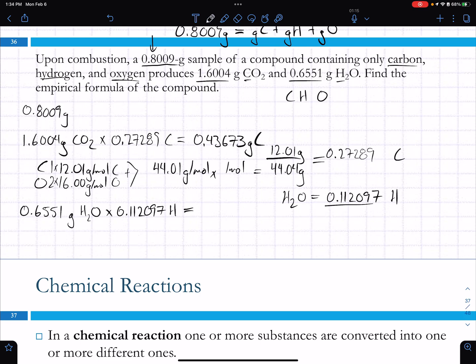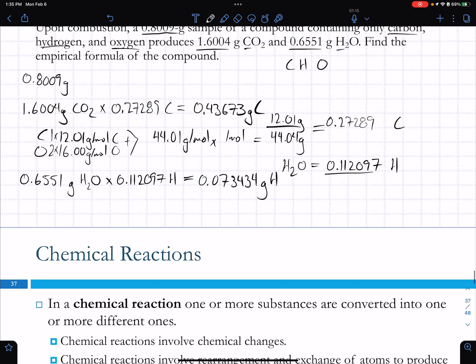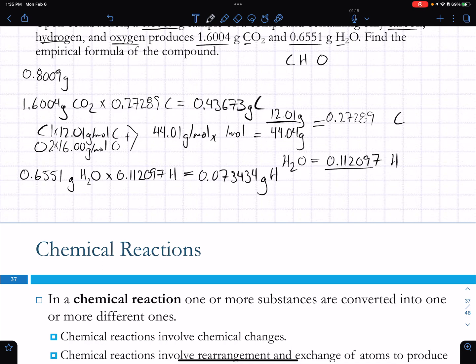So 0.6551 times 0.112097 is going to be 0.07343 grams of hydrogen. And we're keeping really extra digits here. Actually, we might want to keep one more for hydrogen. Call that 347.